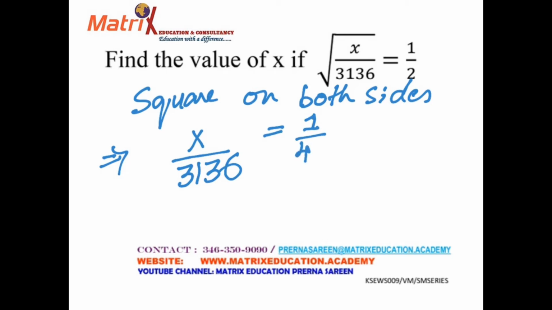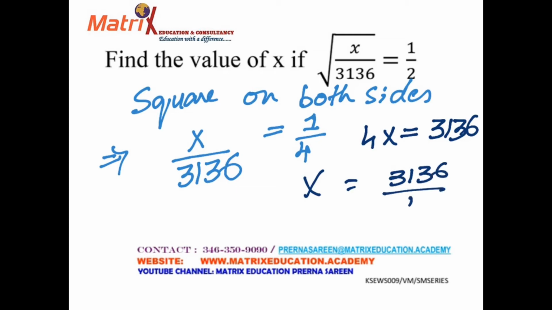Now we do the cross multiplication, but I'm not doing that step. I can actually show you that when we cross multiply, we will get 4x equal to 3136, and then we write x equal to 3136 divided by 4.